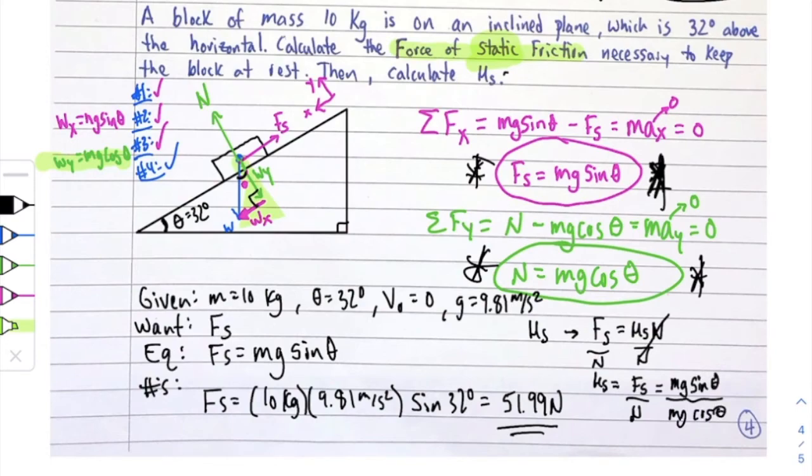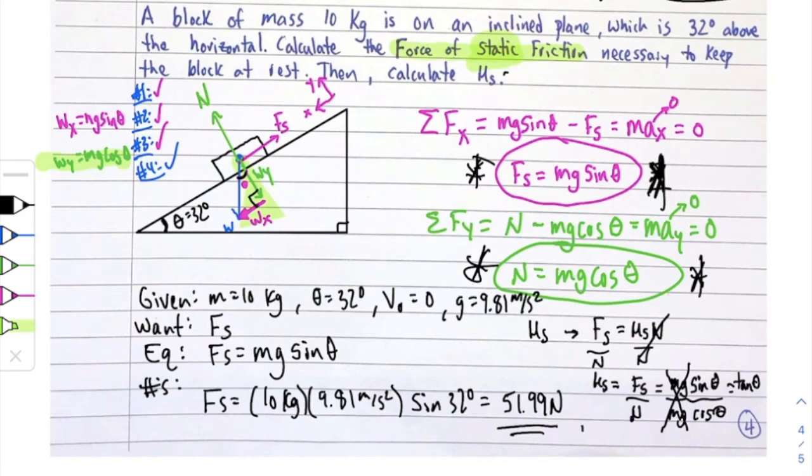Ooh, that's kind of nice. Mg on top and bottom is going to cancel. And then we're just left with sine of theta over cosine of theta. Which, if you're a math all-star, like you're a physics all-star, I know there's somebody out there that knows what sine over cosine is. But there's actually a trig identity that says sine of theta over cosine of theta is equal to tangent of theta.